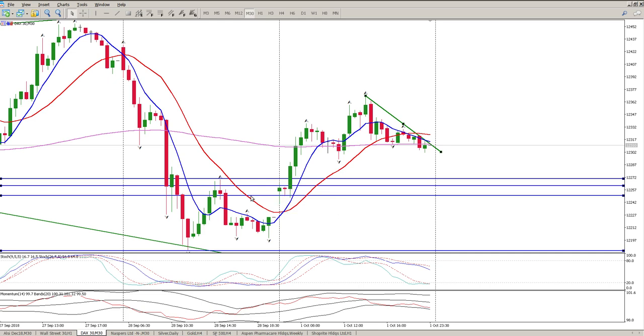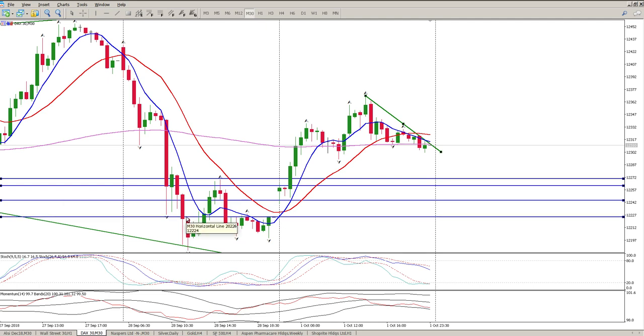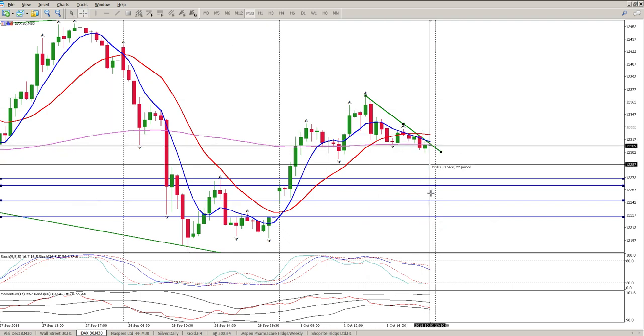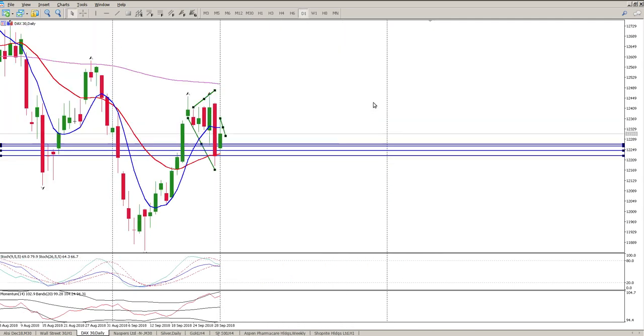And if I look even more to the left, there's an inside tail, which would then test these drop downs. And then ultimately what we have here is a gap close. So ideally I'd like to see price come all the way back down to this area for us to get long. Now whether that's going to happen or not, we're going to ascertain now from the daily.